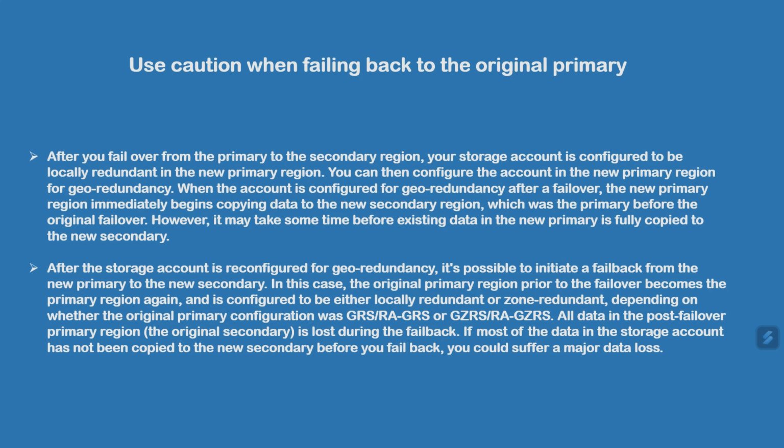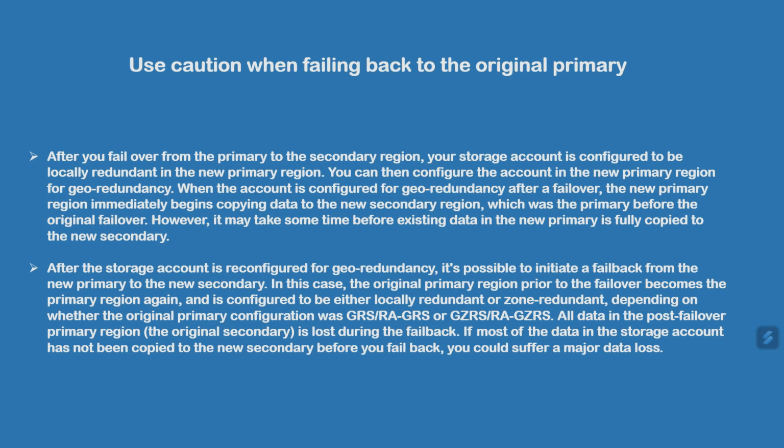After the storage account is reconfigured for GRS, it's possible to initiate a failback from the new primary to the new secondary. In this case, the original primary region before the failover becomes the primary region again.